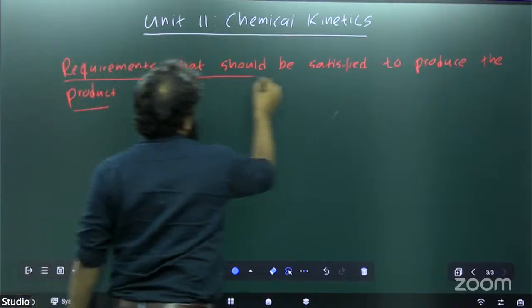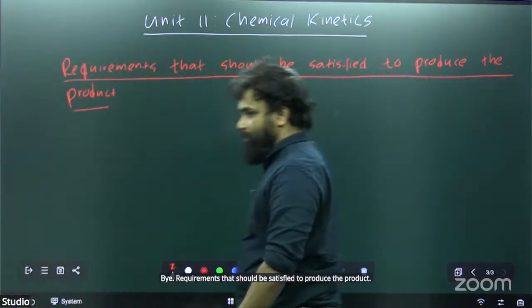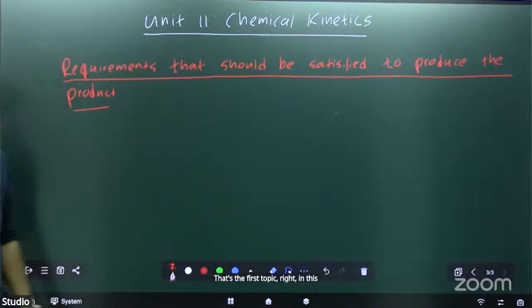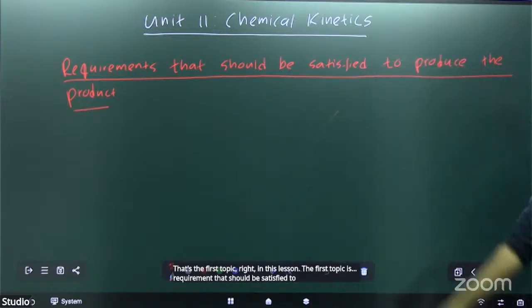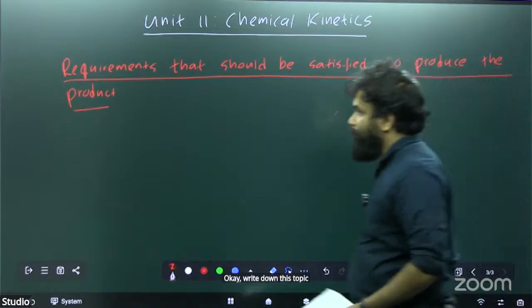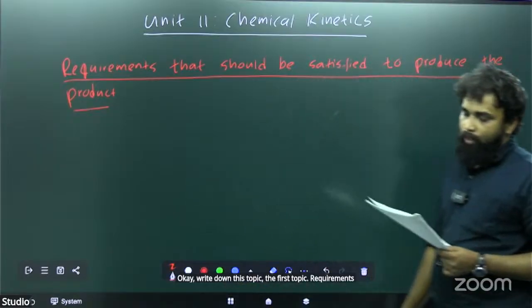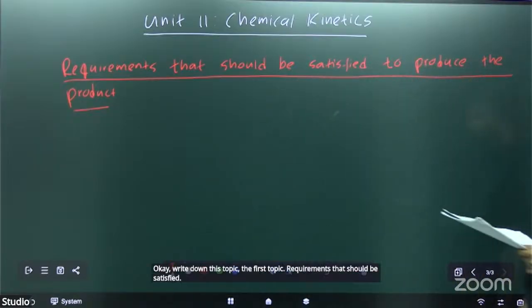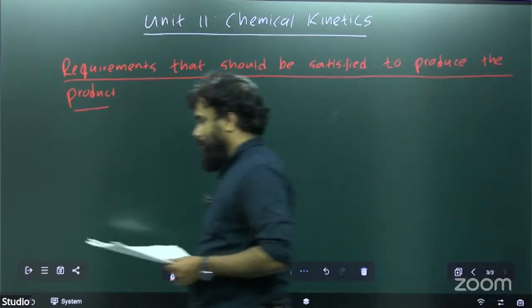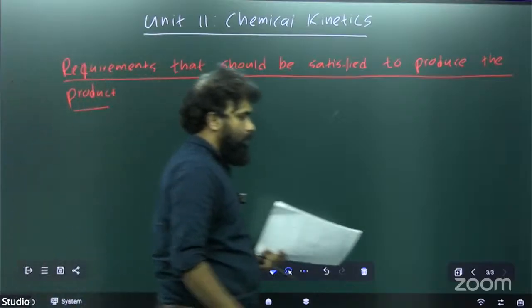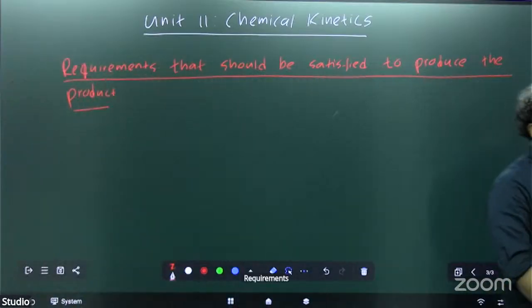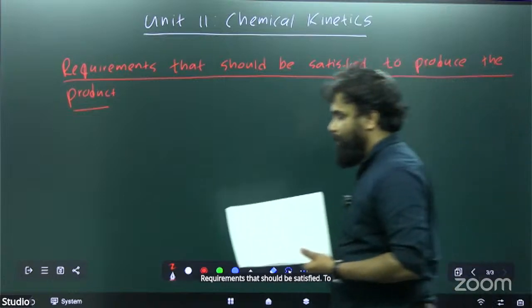That's the first topic. In this lesson, the first topic is requirements that should be satisfied to produce the product. Okay, write down this topic: requirements that should be satisfied to produce the product.